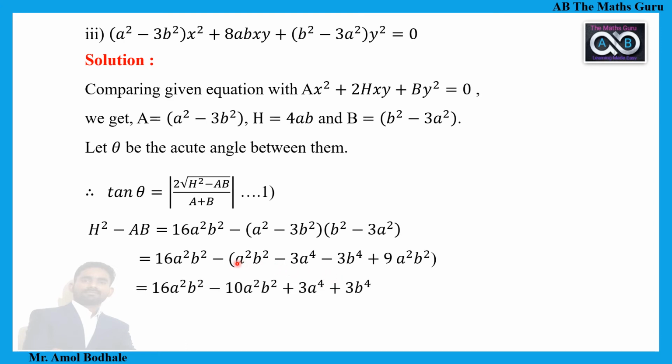So if we expand this bracket, 16a square b square, the addition of these two terms is 10a square b square. Outside there is a negative symbol, so we write minus 10a square b square. So this will be plus 3a raised to 4, and this will become 3b raised to 4. It can be written as 3a raised to 4, 16 minus 10, that is 6a square b square, plus 3b raised to 4.